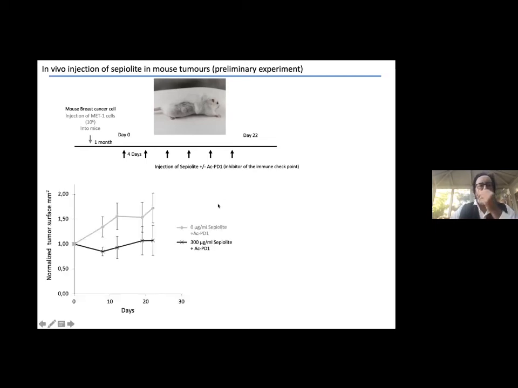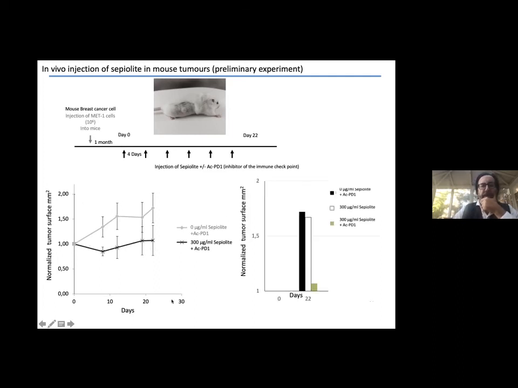And what we observed is that in the absence of sepiolite, the tumors grow, because these tumor cells are known to be cold to immunotherapy, and so they are not affected by the presence of PD-1. But in the presence of sepiolite, we do not have regression of the tumor, but the progression is stopped.